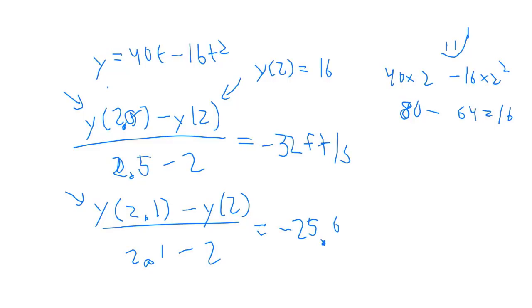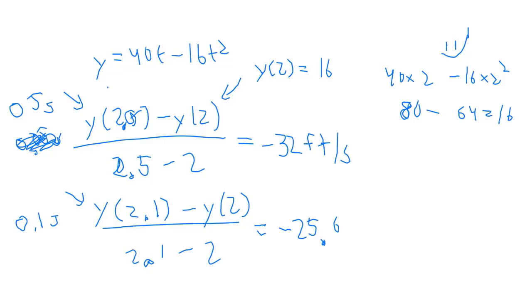So essentially these give us different slopes, or average velocities, for 0.5 seconds after, and 0.1 seconds.